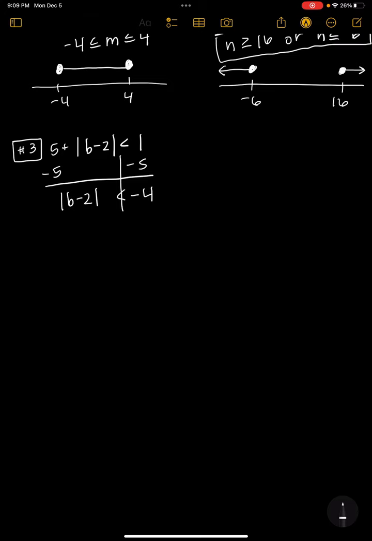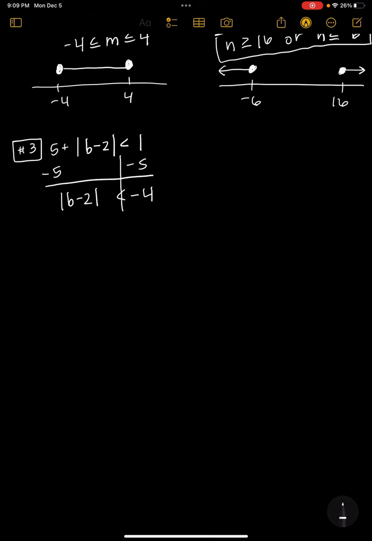Now, if you remember, absolute values in the equations had a really important rule that said that you cannot have an absolute value equal to a negative number. It is also the case in inequalities. So we can't have an absolute value that's less than or greater than a negative number. It just doesn't make sense because absolute values are always positive, and so even if they're less than a negative or greater than a negative number, it still doesn't make sense.